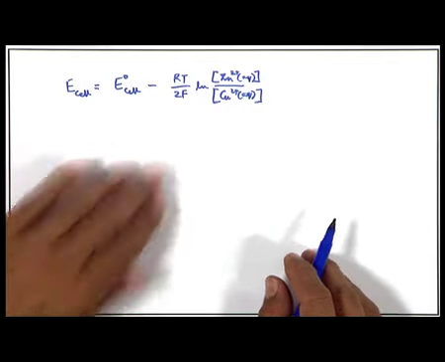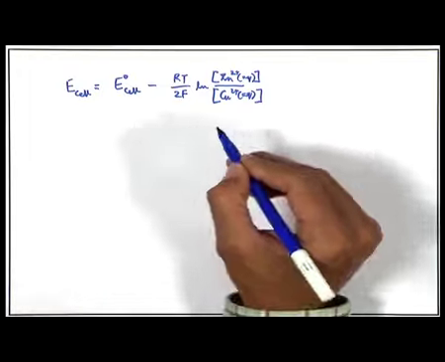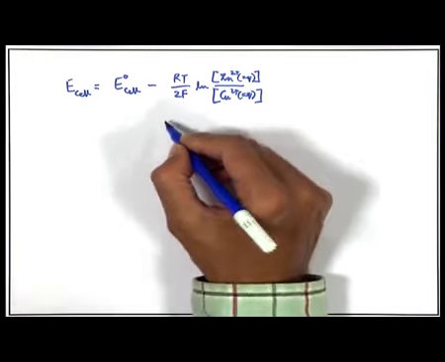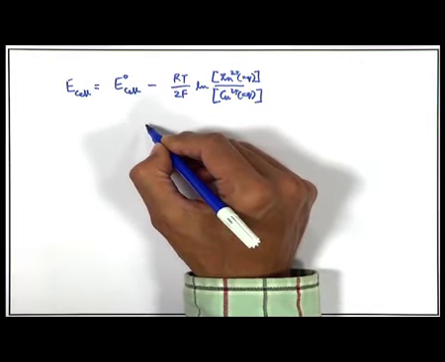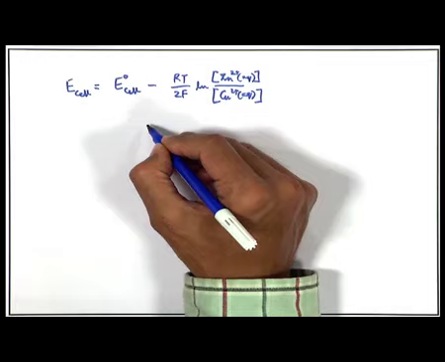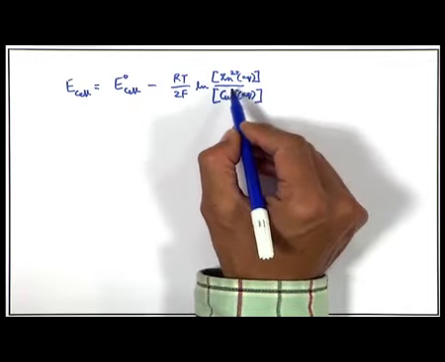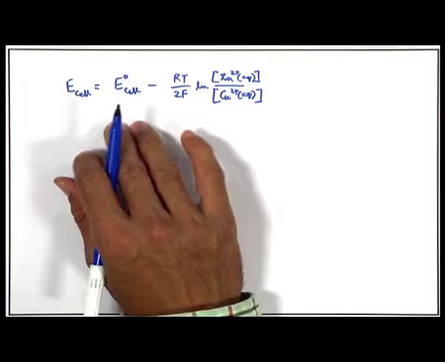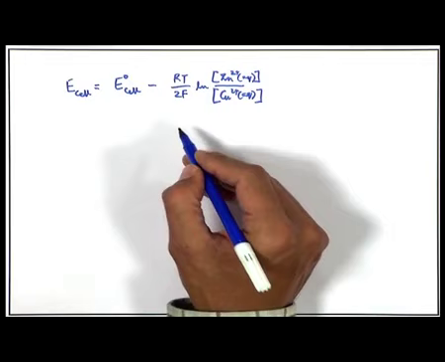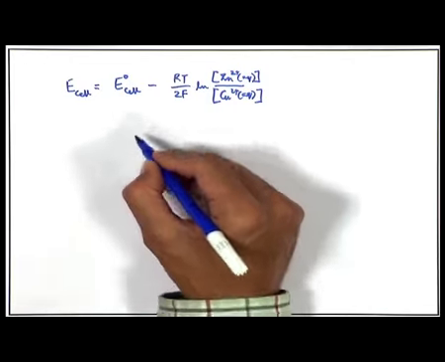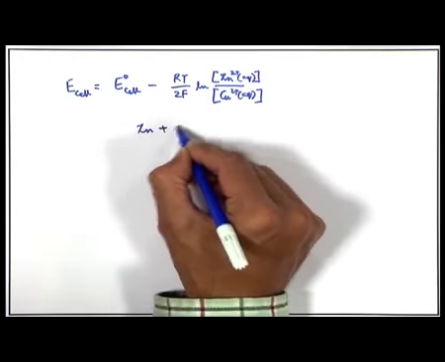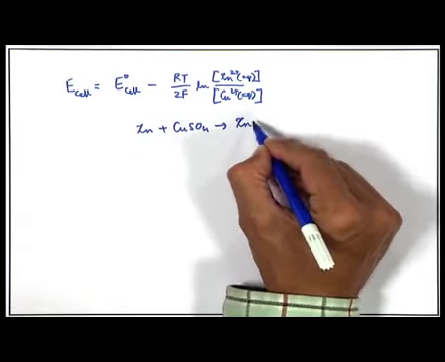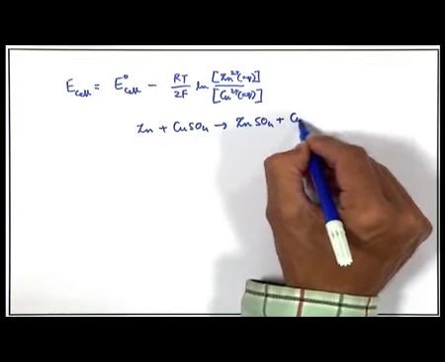Daniell cell means the reaction is basically reduction on the right hand side and oxidation on the left hand side. So, the net reaction is that in one electrode zinc goes to zinc 2 plus, in the other electrode copper 2 plus goes to copper 0. So, zinc plus CuSO4 gives you zinc sulphate plus Cu.